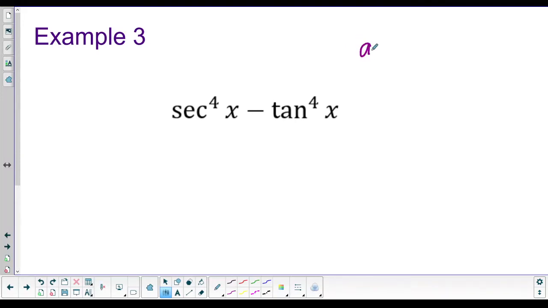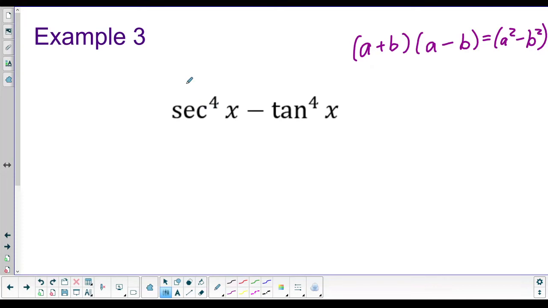If we have A plus B times A minus B, and we multiply these things, we FOIL them, we get A squared minus B squared. Okay.